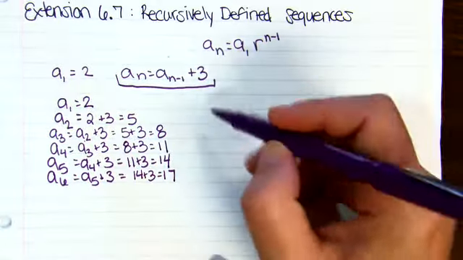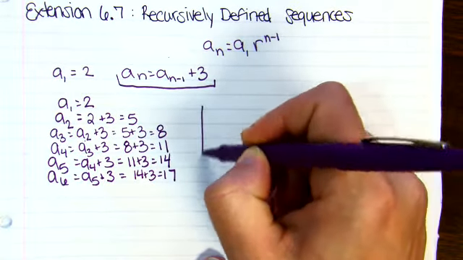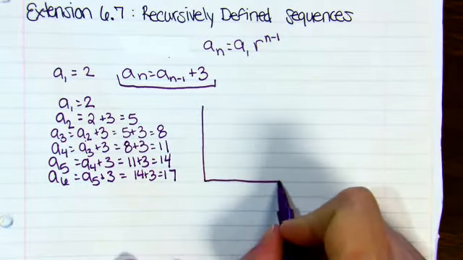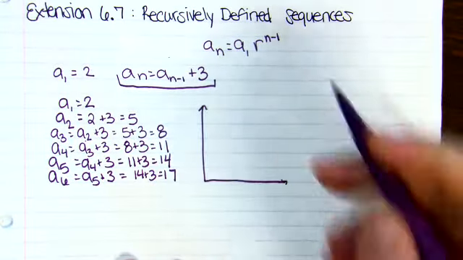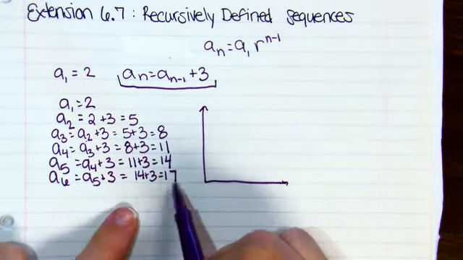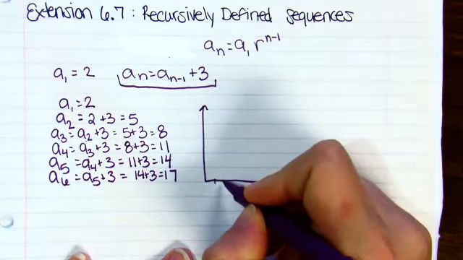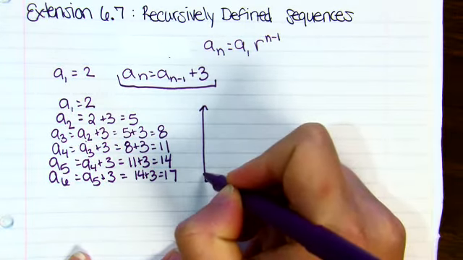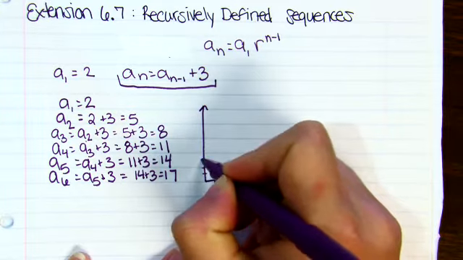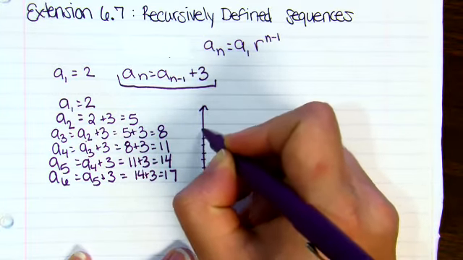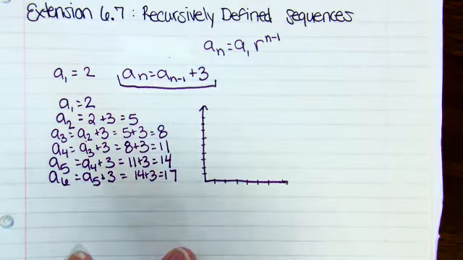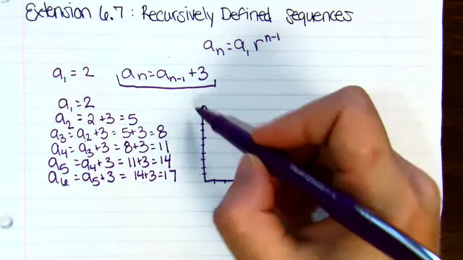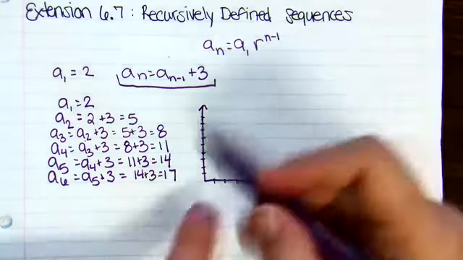Now, let's look at what the graph of that looks like. Again, we only need positive numbers, just like for our other sequences, because we can't have a negative term. I'm going up to 17, so 1, 2, 3, 4, 5, 6, and then 2, 4, 6, 8, 10, 12, 14, 16, 17. 17 is right about there.